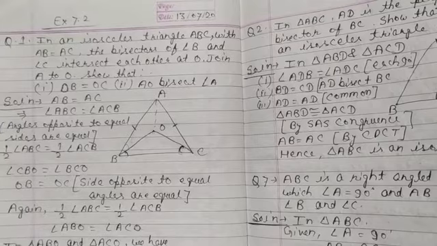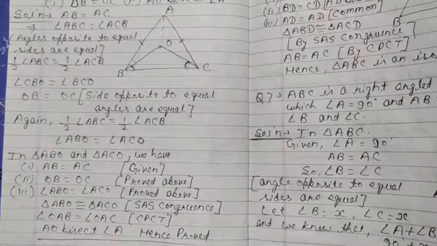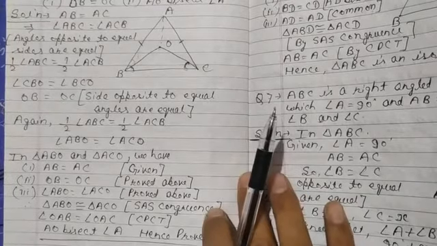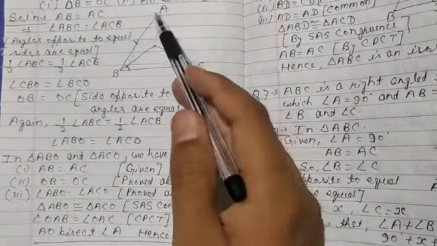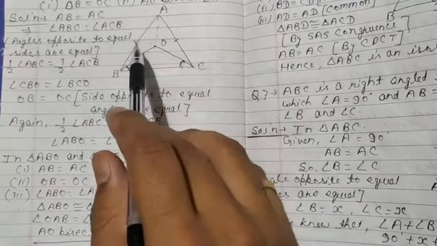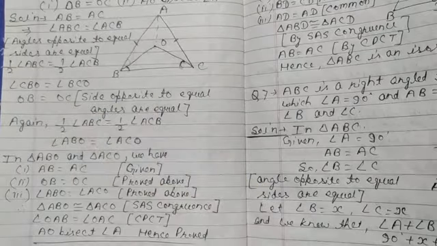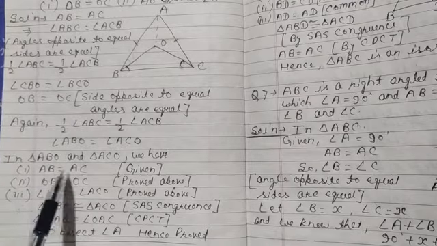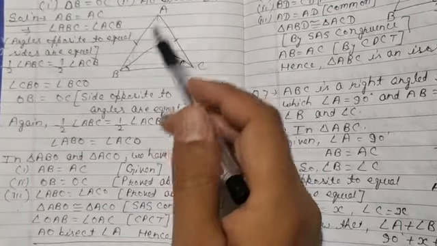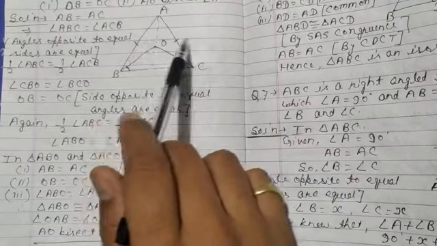Now in triangle ABO and triangle ACO, to prove congruence we must know three things that are the same in both triangles. First, AB is equal to AC, which is given.